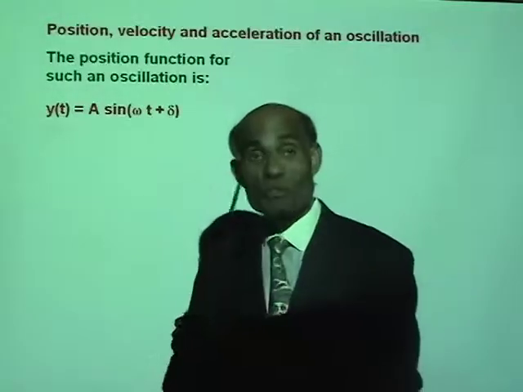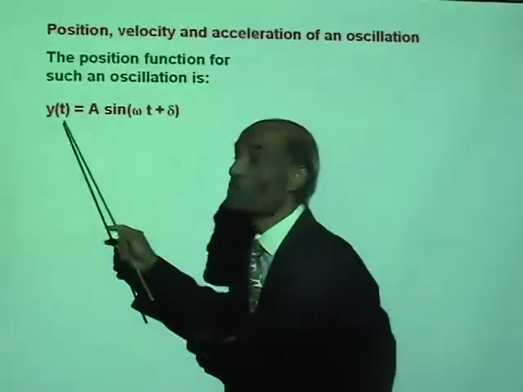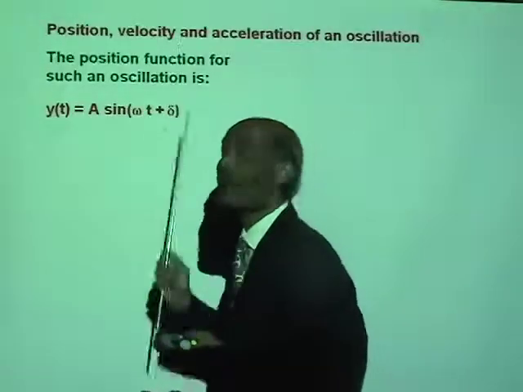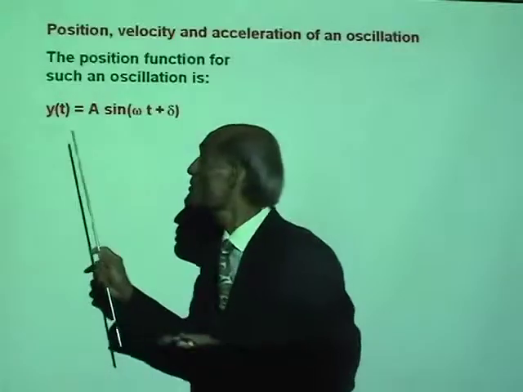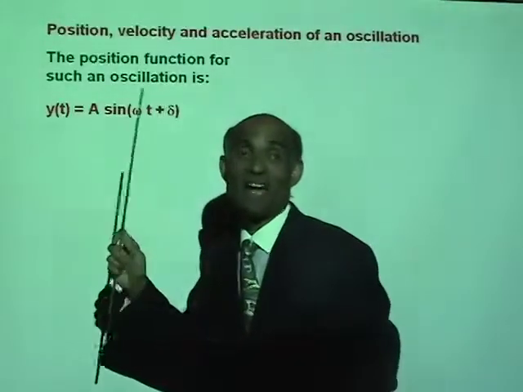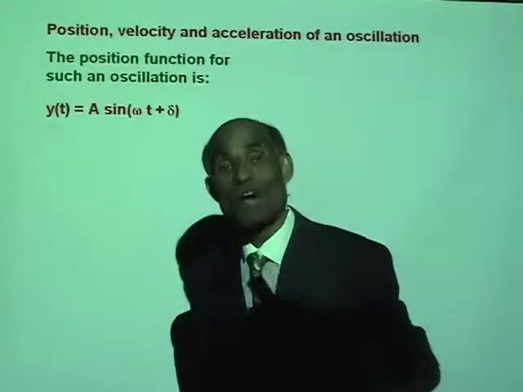Now, you know from your discussion in Physics 1, the derivative of the position function will be the velocity function. If this is the position function, can you find the derivative of this? And give me an expression for the velocity function.